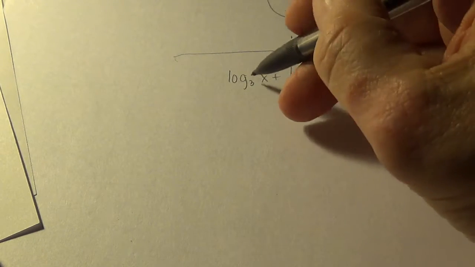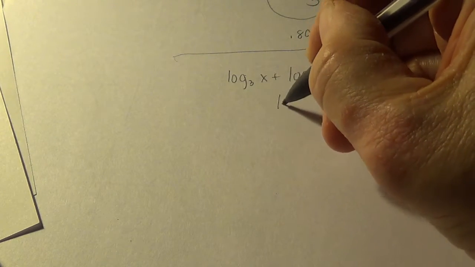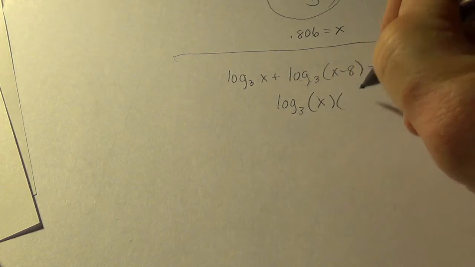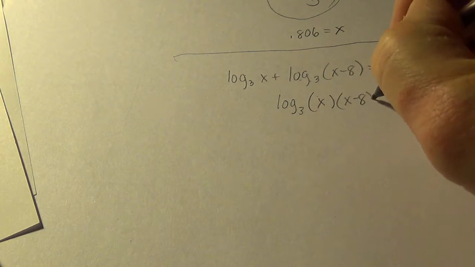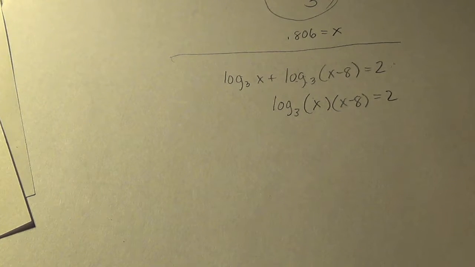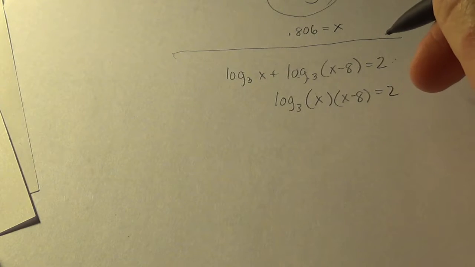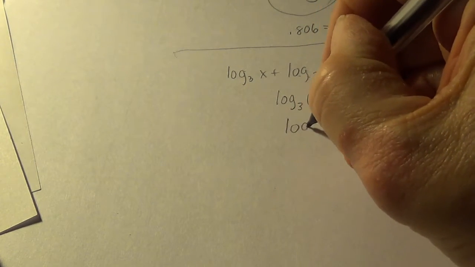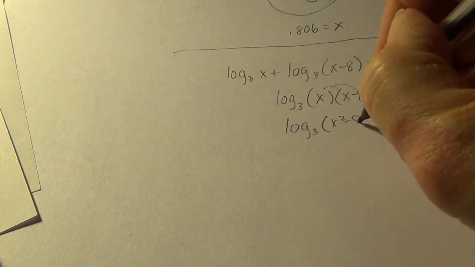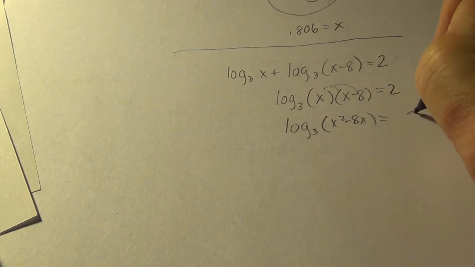So I'm going to use log rules, and whenever you have 2 logs that are added, you can write it as 1 log with the arguments multiplied. So I'm going to multiply those out, and I'm going to get log to the base 3 of x squared minus 8x equals 2.